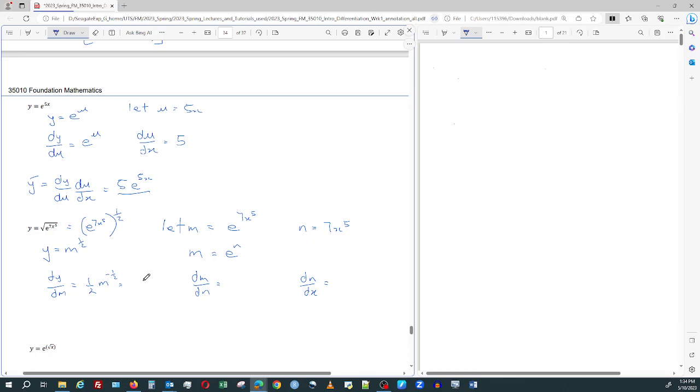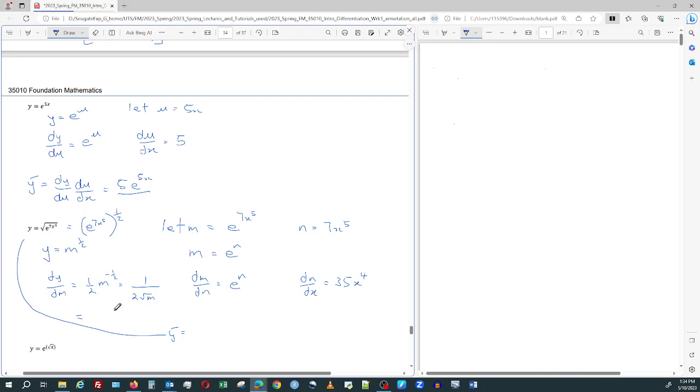Okay, so it's 1 over 2 the square root of m. And I'll come back to that in a second. dm/dn. Oh, love that one. 7 5s are 35. And 5 minus 1 is 4. 35x^4.